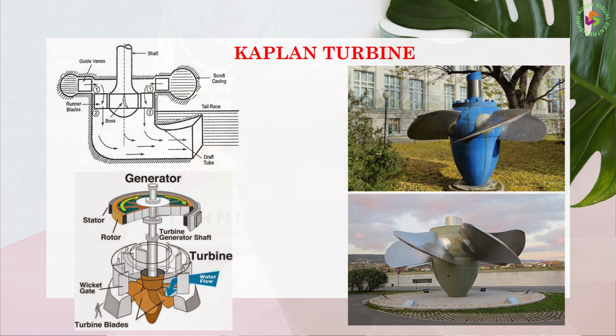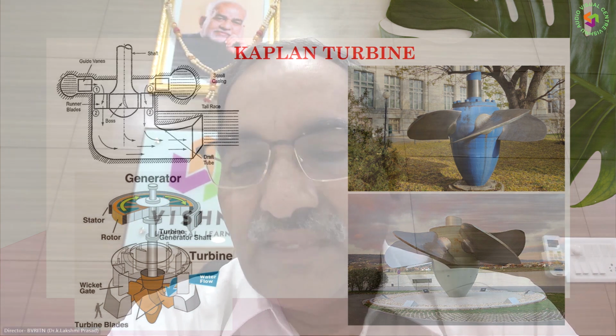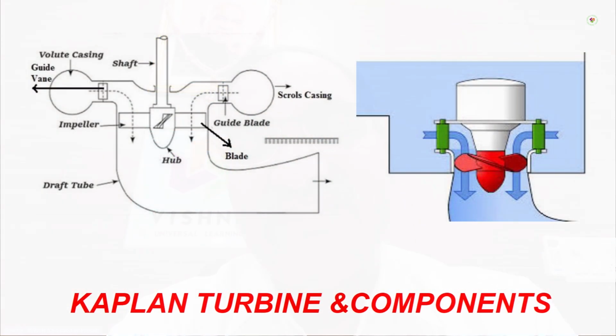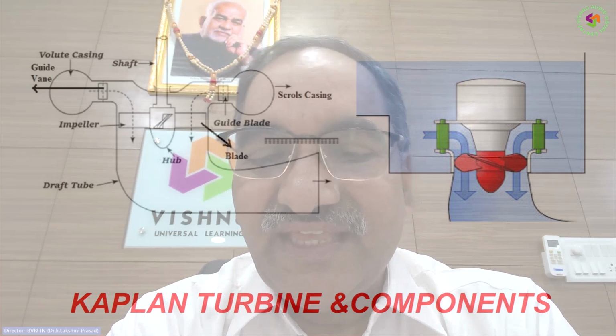Then the third lecture is working proportions. The fourth lecture is problems. The fifth lecture is Kaplan turbine, work done and efficiency. The sixth lecture is problems. The seventh lecture is draft tube. So these are the 7 lectures in Part 2.